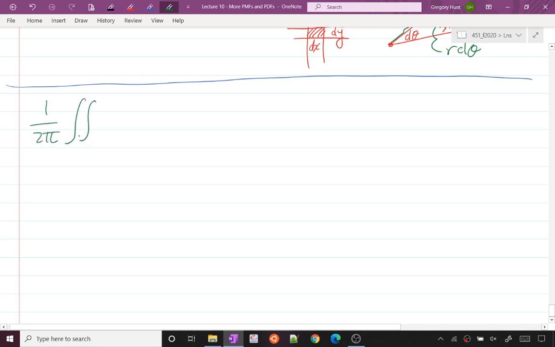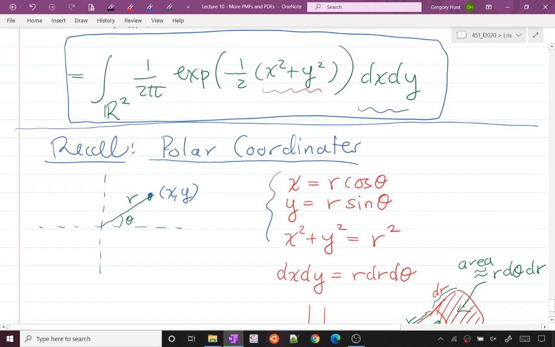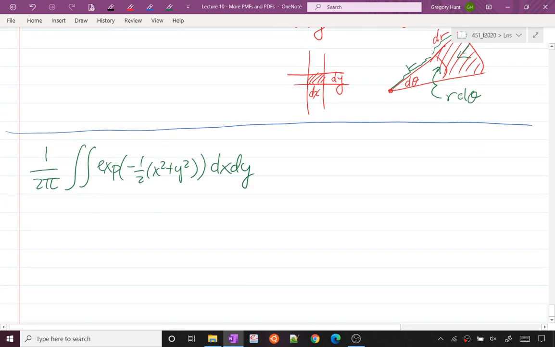And then before, I was doing this double integral of exp of negative 1/2 (x squared plus y squared) dx dy. That was my integral. Just check real quick. Yep. Now I'm going to substitute in. Oops, I need my 1 over 2 pi still. Okay. Substitute in.